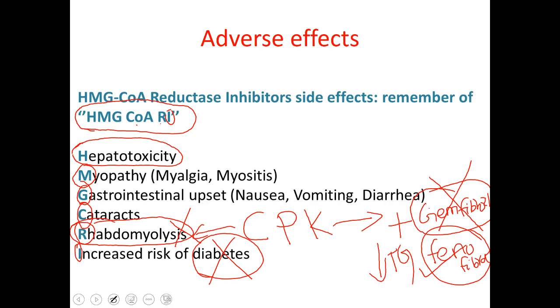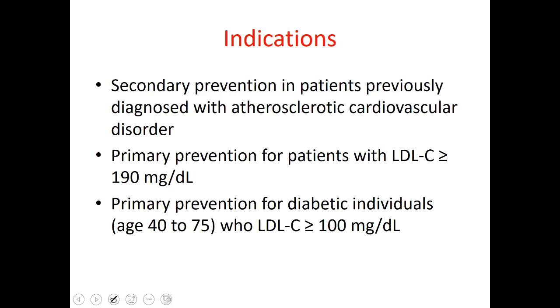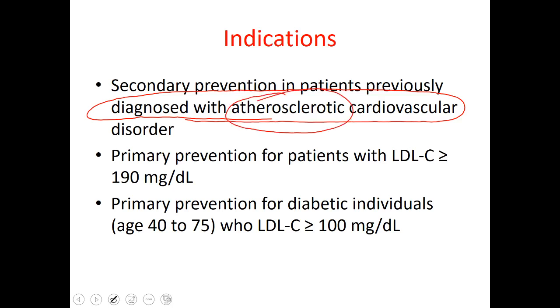All right. When do we use statins? What are the indications? As in the case, a patient who has been diagnosed with any atherosclerotic disorder, you may have to use statins so that you prevent the further worsening of atherosclerotic plaque, as well as the statins will also help to stabilize the atherosclerosis due to its pleiotropic effects.